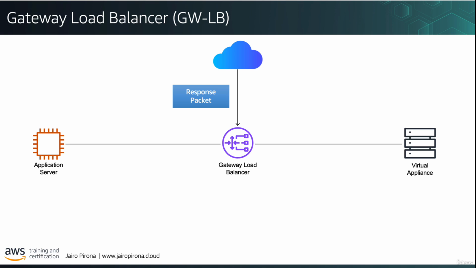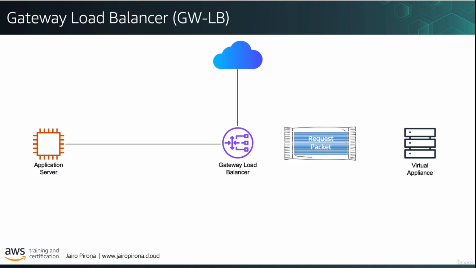So, the routing configuration makes the request packet arrive first at the gateway load balancer. It encapsulates the packet, that is, adds a wrapper, and forwards it to the virtual network appliance using the Geneve protocol on UDP port 6081.